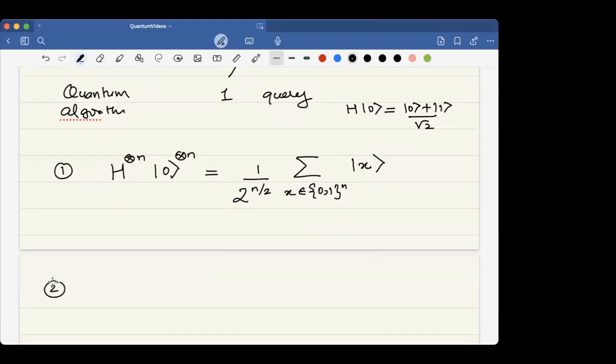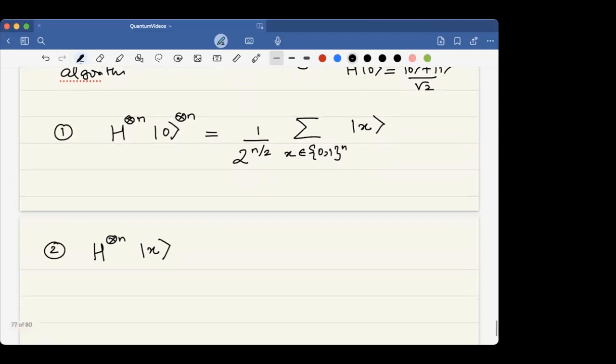The second fact is that if I have H tensor n acting on a general state x, not necessarily the 0 state, then you still get a uniform superposition, but with some negative signs.